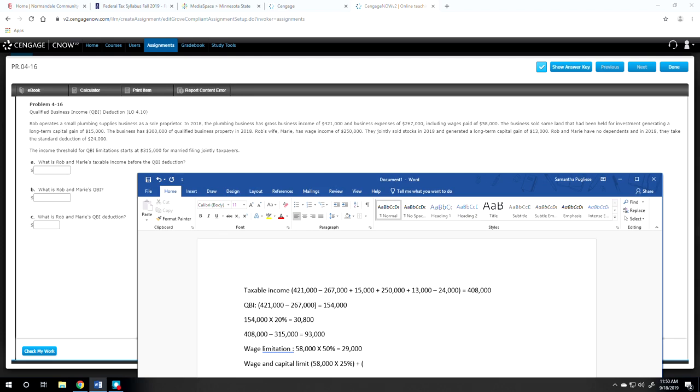Plus, then they say 2.5% of the unadjusted basis of all qualified business property. So 2.5% of the unadjusted basis of qualified business property. They told us right here, the business has $300,000 of qualified business property. So that's what goes there. What's the answer to that calculation? 22,000?